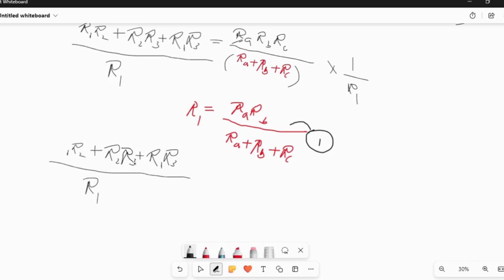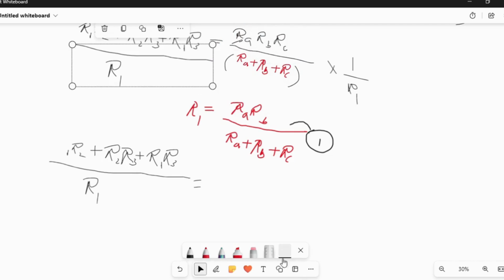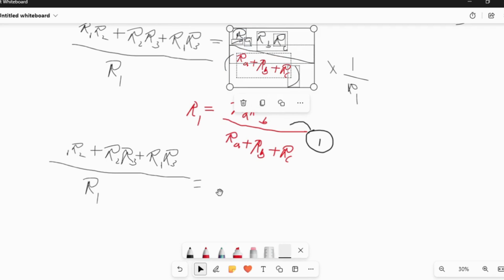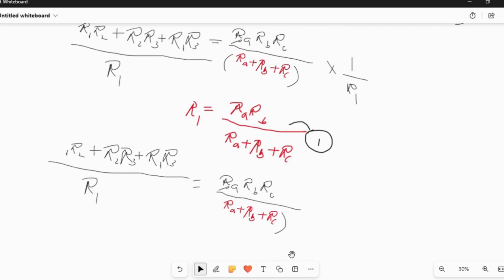R3, and that's equal to this part into 1 upon this one.